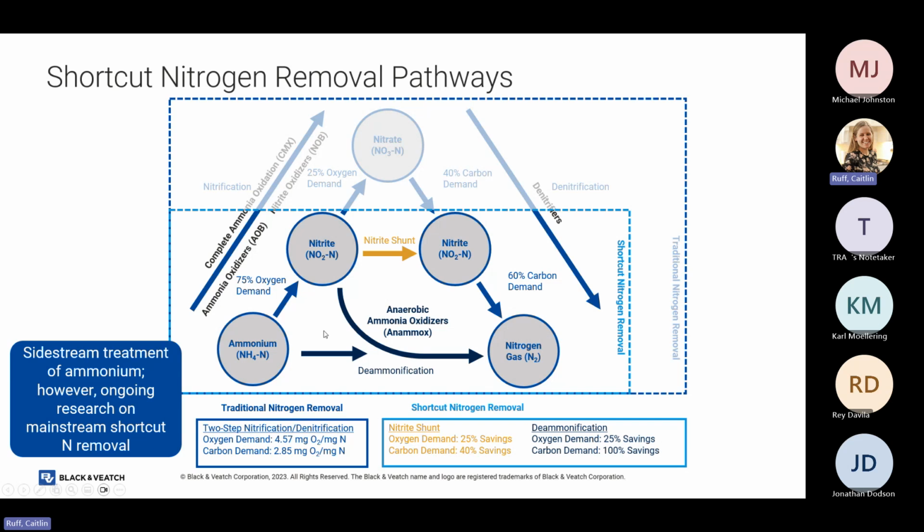Another one is deammonification, where 1 mole of ammonium and 1 mole of nitrite come together and we get nitrogen gas. This has oxygen savings of 25% and 100% carbon savings, so you're not doing the denitrification step at all. You're taking your ammonium and nitrite and immediately converting it to nitrogen gas.